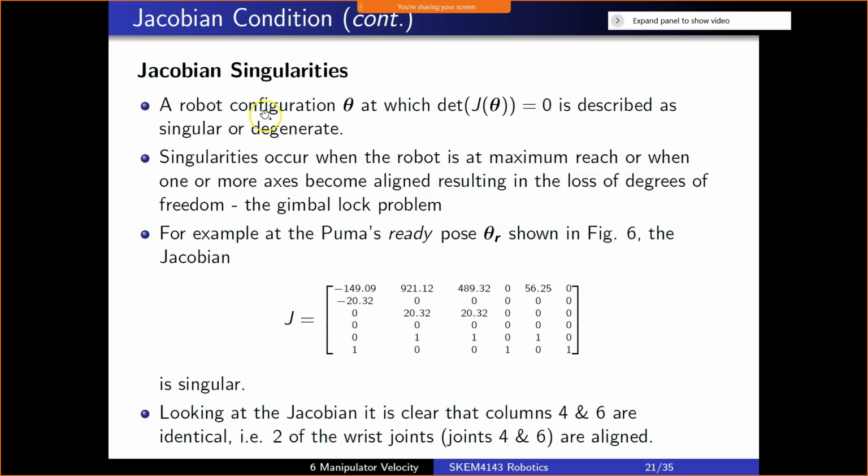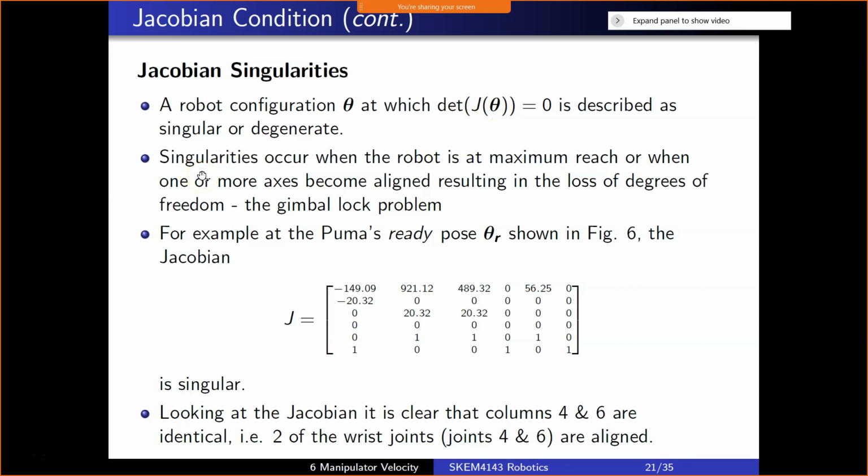A robot configuration theta, a vector, at which the determinant is 0 is described as singular or degenerate. Mathematically, when the determinant of a matrix is 0, we call that matrix singular. If the determinant is non-zero, we call that matrix non-singular.